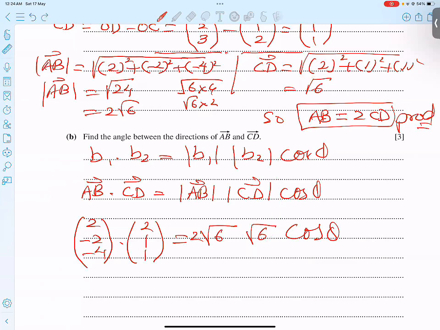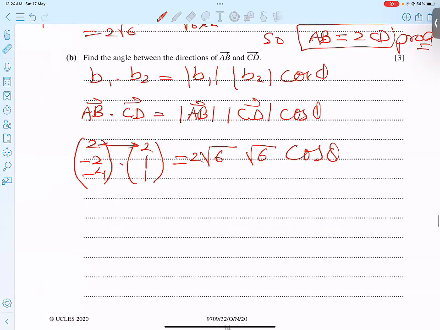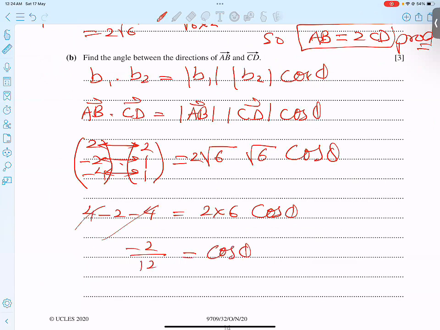I got it before. Now student, dot product, never simple, directly multiply the corresponding positions. 2 times 4, -2, -4 equals, root 6, root 6 will give us 6. Okay, this cancels out, -2 over 12, and this has got a cos inverse, -1 over 6.